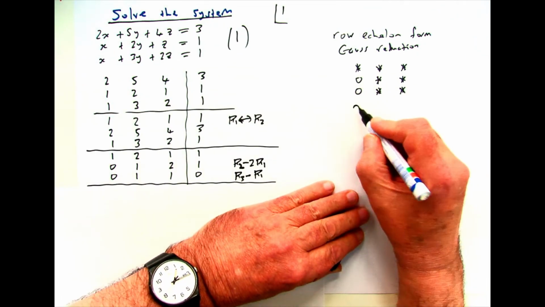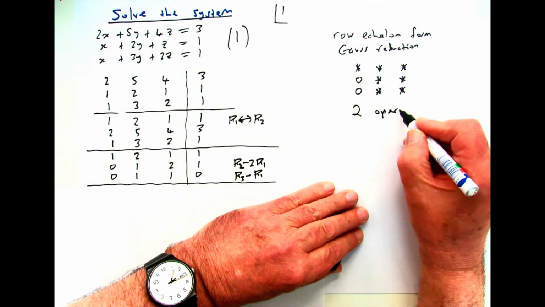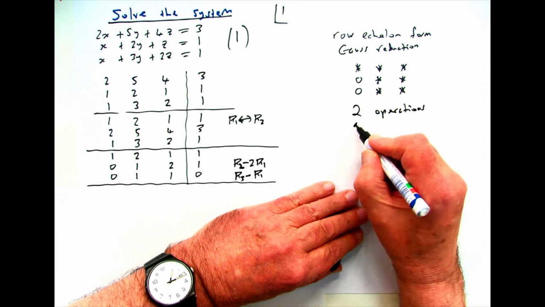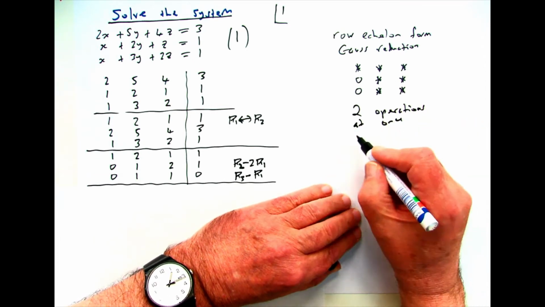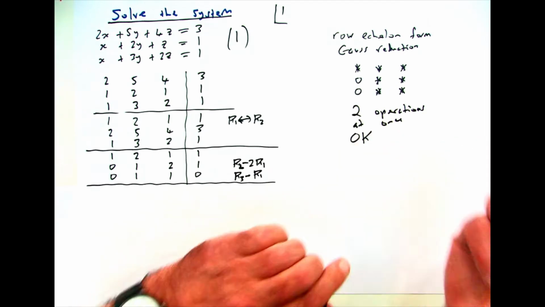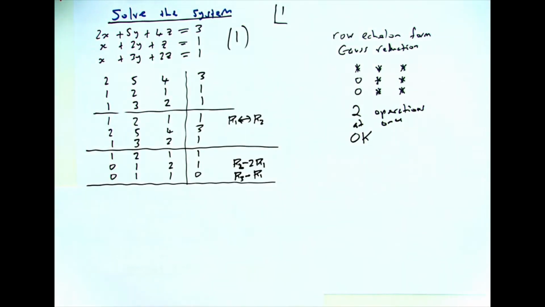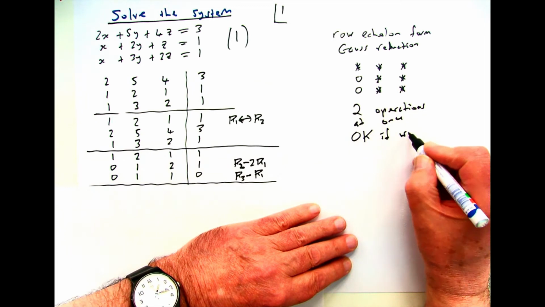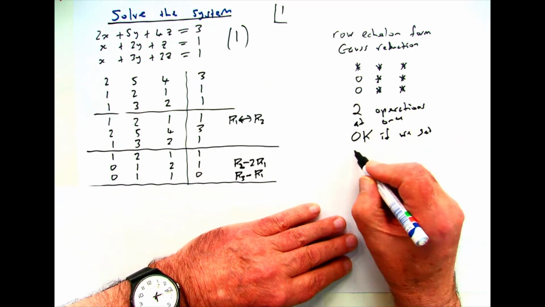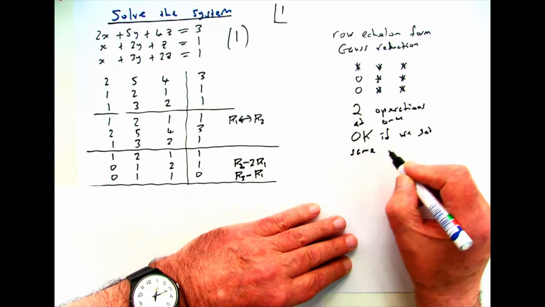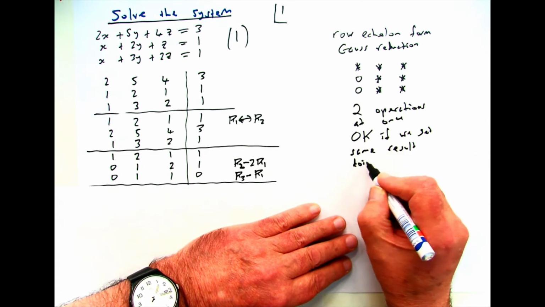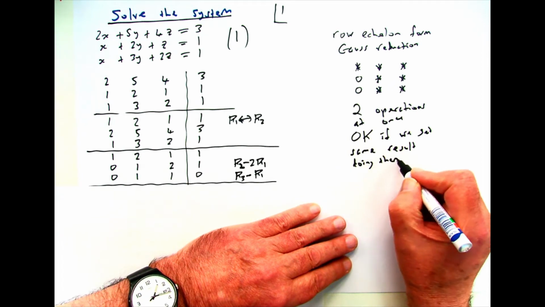So we did two operations at once, and that is okay, because we would get the same result if we did them one after the other, doing them in 2 steps.